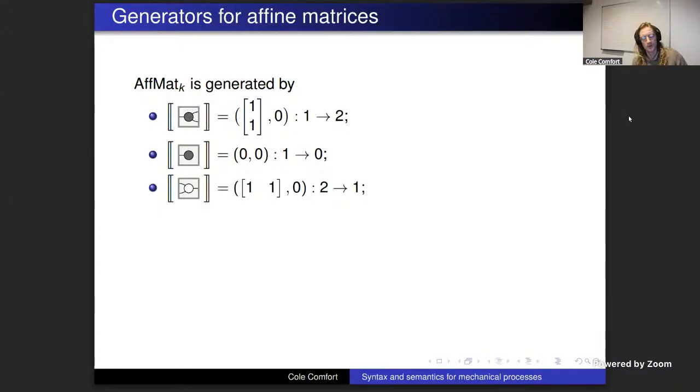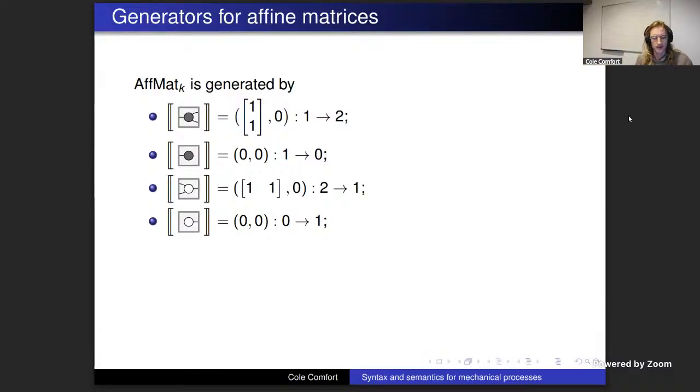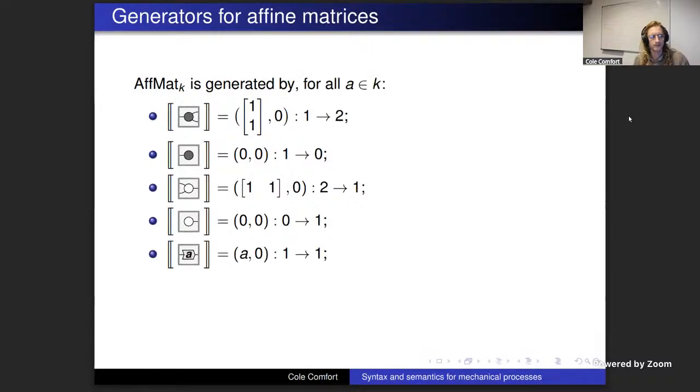Then this white one is like summation, and this white unit is like inserting the 0 vector. For any element of your field, you have an arrow which multiplies by that element. And finally, you have this vector, which just shifts by 1.